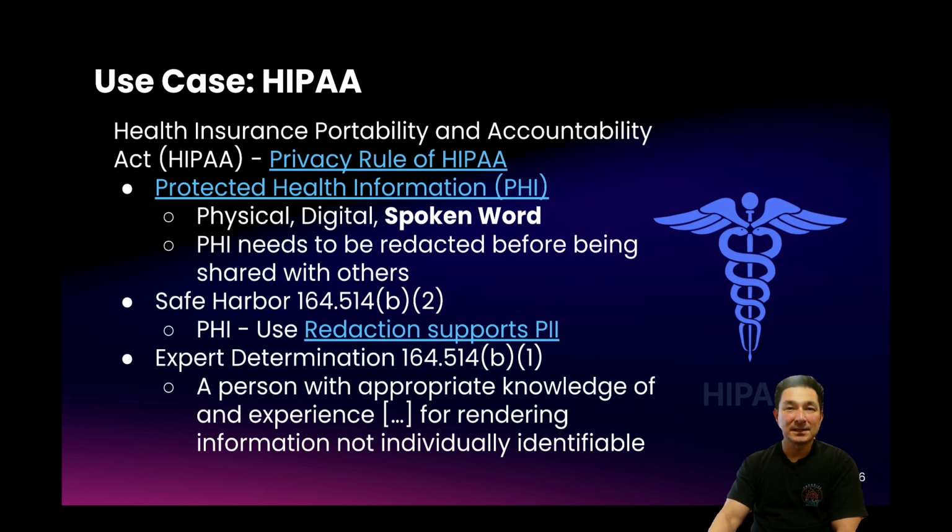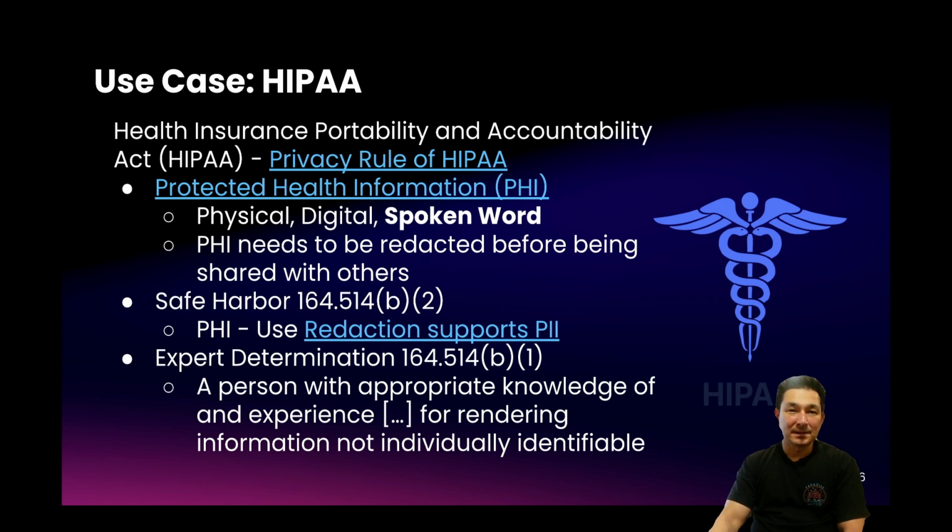The first is the Safe Harbor Clause, which explicitly calls out items of protected health information that must be redacted. That covers 18 identifiers of protected health information, which include things like name, address, all elements of dates, including birthdays, admissions and discharge dates, date of death, and etc. Social security numbers, medical record numbers, account numbers, internet protocol or IP addresses, and so on.